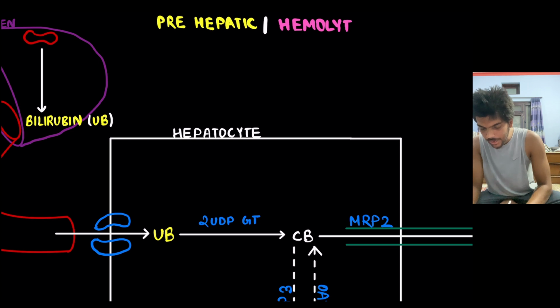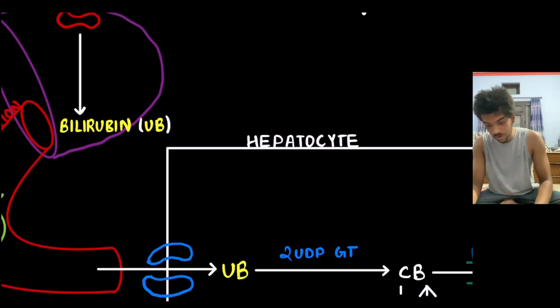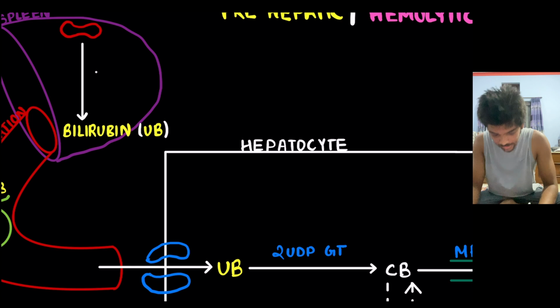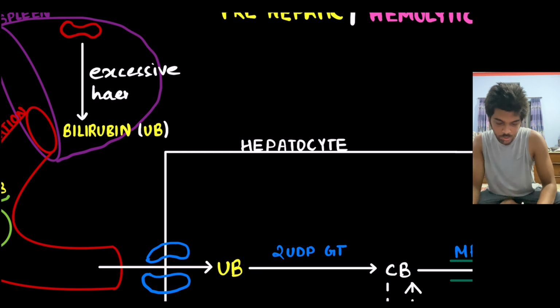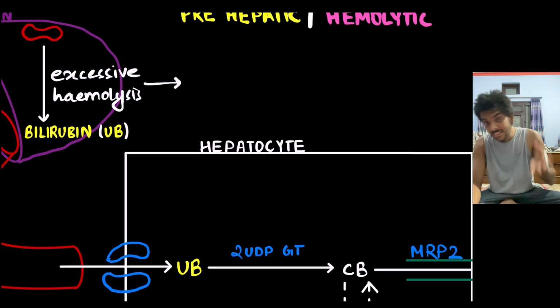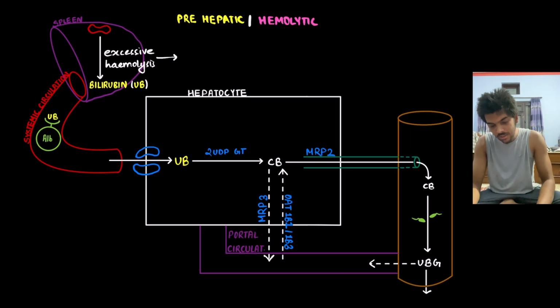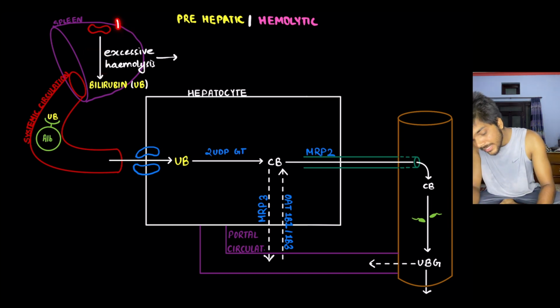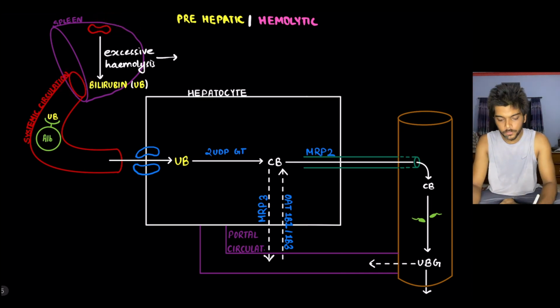It is referred to as hemolytic jaundice because the defect occurs in hemolysis. There is excessive hemolysis. Due to excessive hemolysis, there is excess breakdown of hemoglobin, resulting in an increase in unconjugated bilirubin.